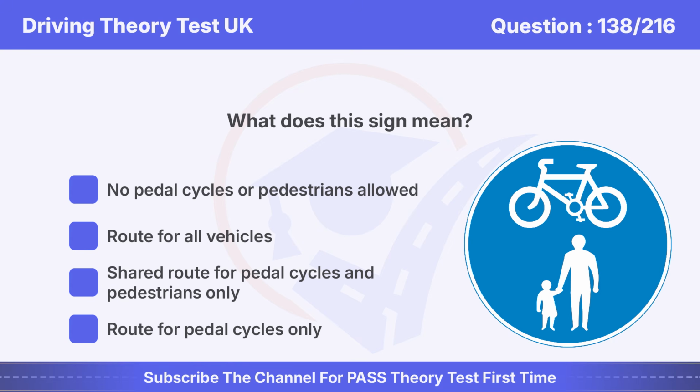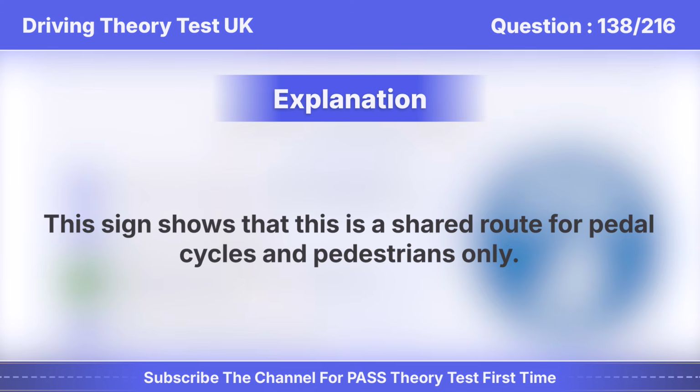Question 138. What does this sign mean? Answer is C. Shared route for pedal cycles and pedestrians only. This sign shows that this is a shared route for pedal cycles and pedestrians only.